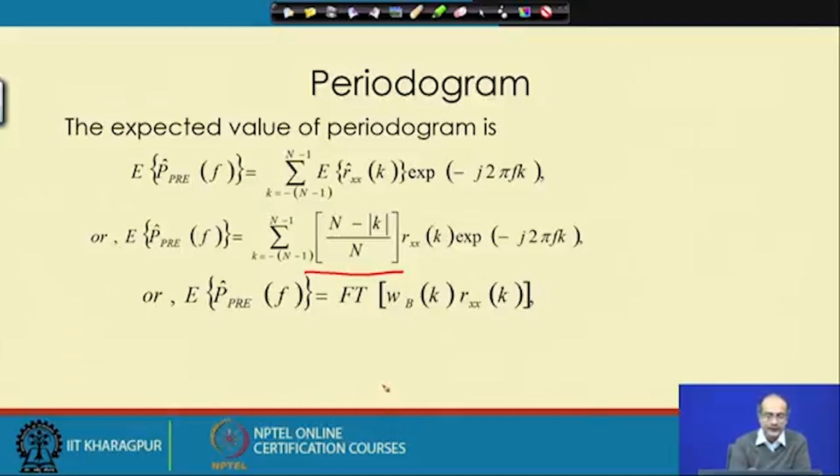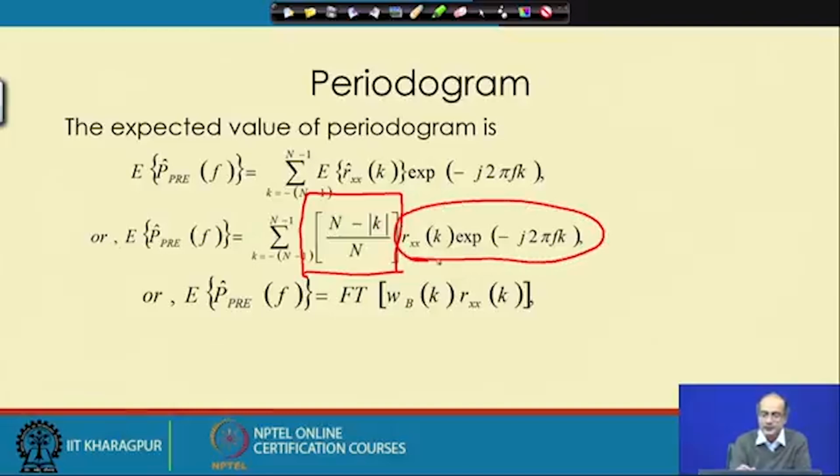So, here we get a new function like this, which is present along with the original expected value, that is the autocorrelation, and that Fourier kernel, which should give us the estimate of the frequency.